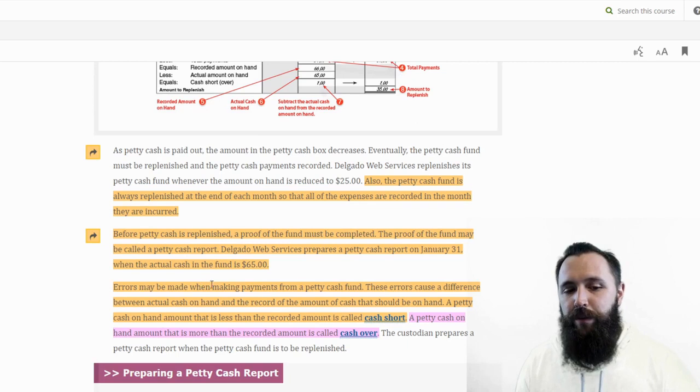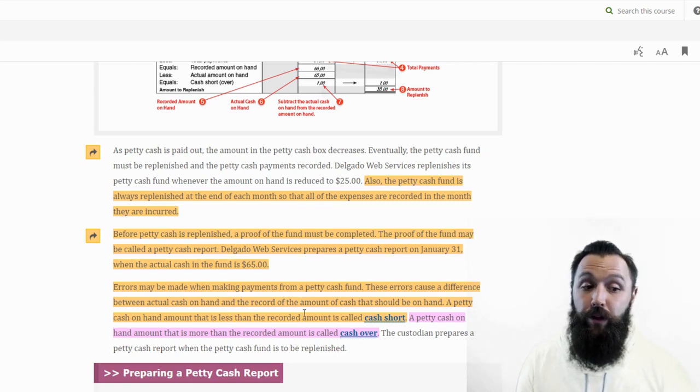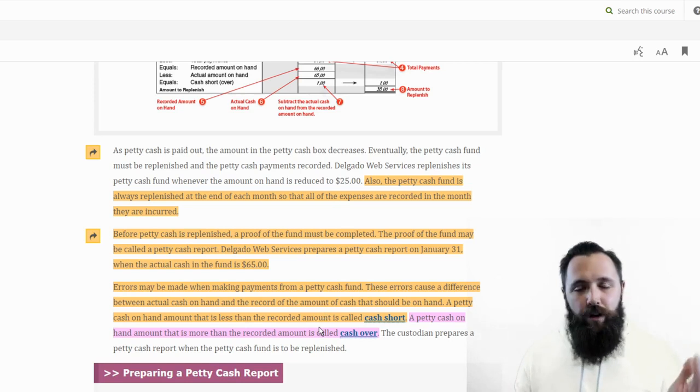It says errors may be made when making payments from a petty cash fund. These errors cause differences between actual cash on hand and the record of the amount of cash that should be on hand. A petty cash on hand amount that is less than the recorded amount is called a cash short. Now, if you're a cashier, you'll probably understand this.